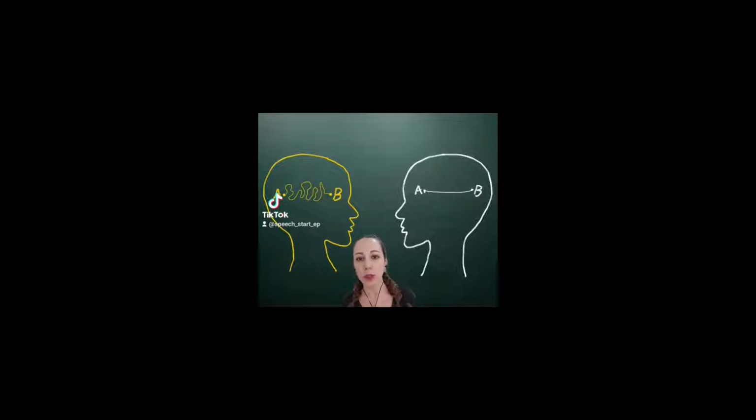If I use signs with my child, then they're never going to speak. They're going to rely on signs to communicate. And I'm going to say it right now, that is false. If a child is in the yellow here and struggling that much to get from A to B, you need to give them other options to get from A to B, to communicate with you.